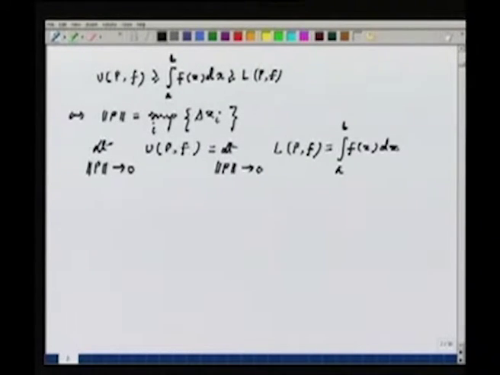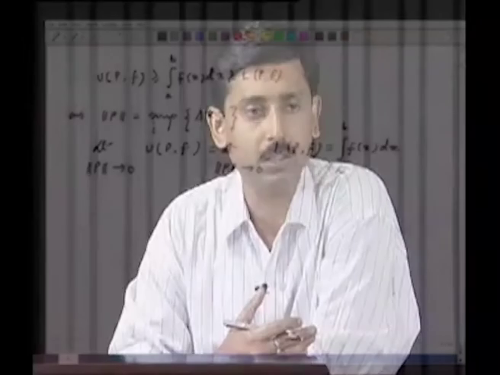Intuitively, the meaning is the same, that you go on taking finer and finer partitions. See, norm P means what? It is the maximum possible length which appears among the subintervals. Now if you go on taking finer and finer partitions, then the maximum length of the subintervals is going to decrease. Choosing these finer and finer partitions means that norm P is actually going to 0.